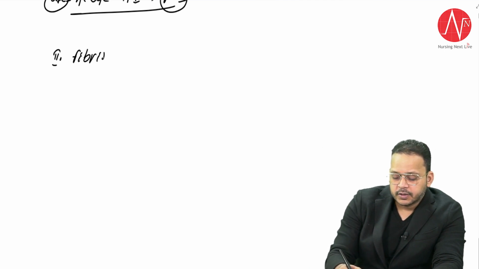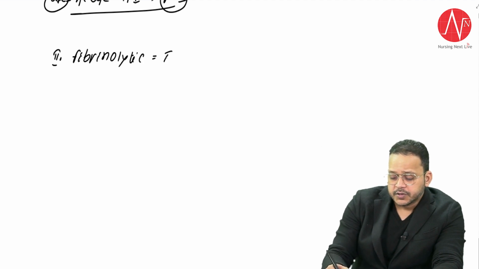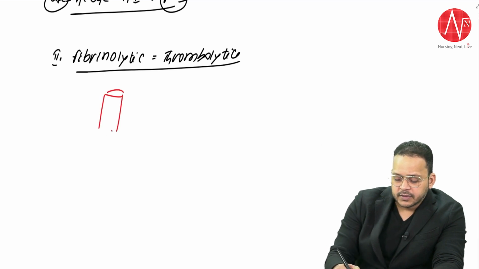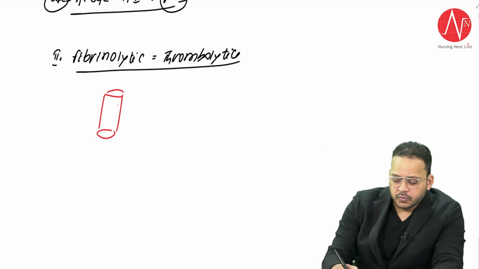Now let's have a look at fibrinolytics, which are also known as thrombolytics, right? So until now, I have told you that in the blood vessel, for thrombus formation, there is first of all aggregation of platelets, isn't it?